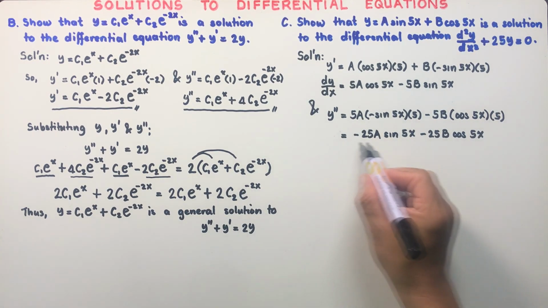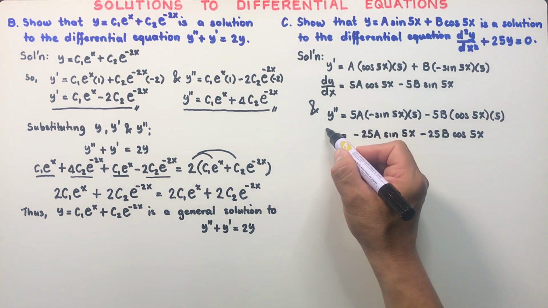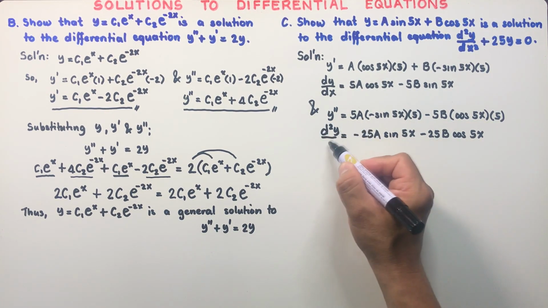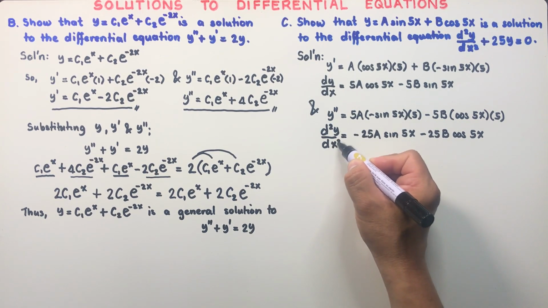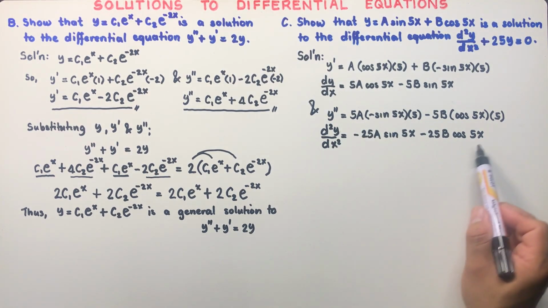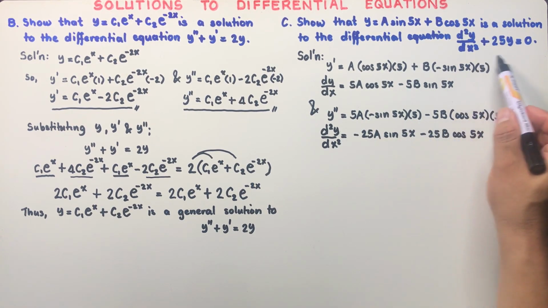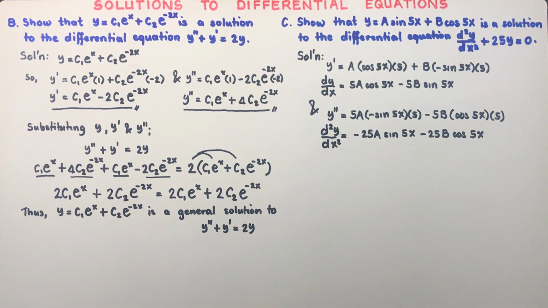So this is our second derivative. You may write it as y double prime, or you can write the second derivative of y with respect to x here. Now that we have the second derivative, we can substitute this one to the given differential equation.